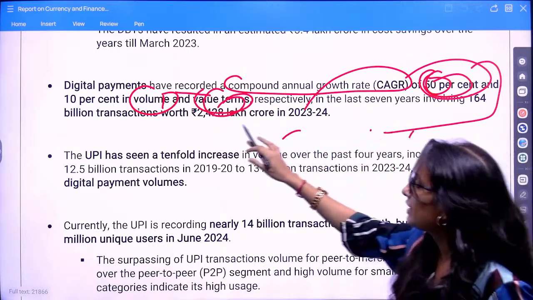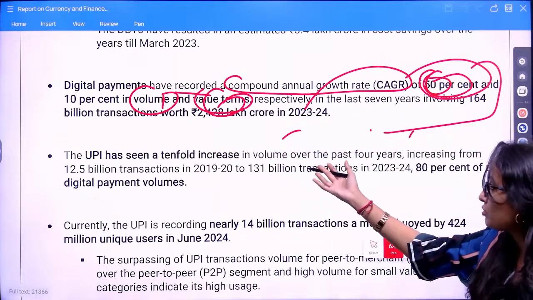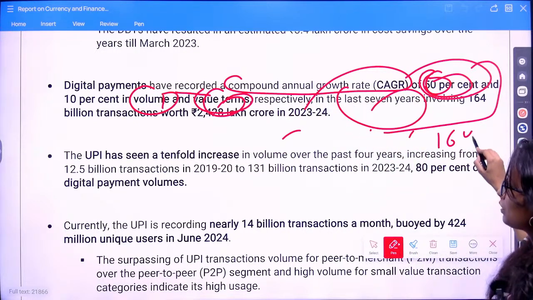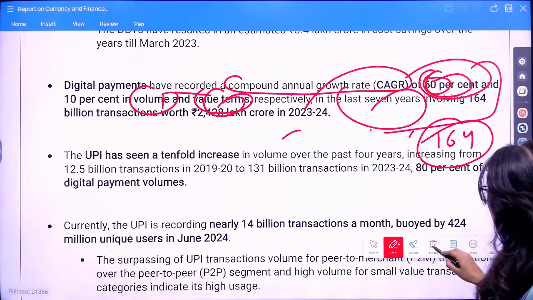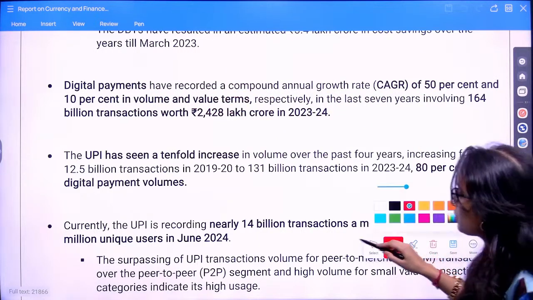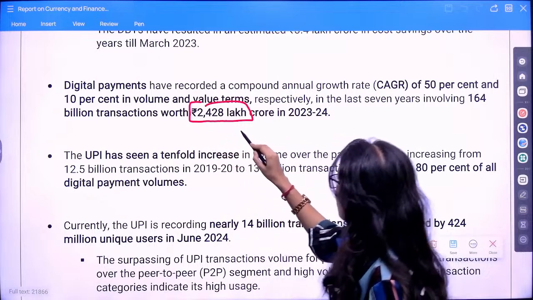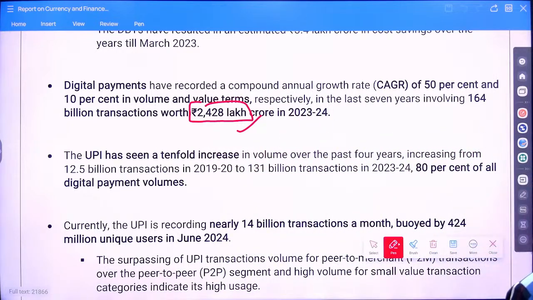So 50% and 10% in volume and value terms respectively in the last 7 years, involving 164 billion transactions worth rupees 2,428 lakh crore in 23-24. So this is the amount of digital payments for India.